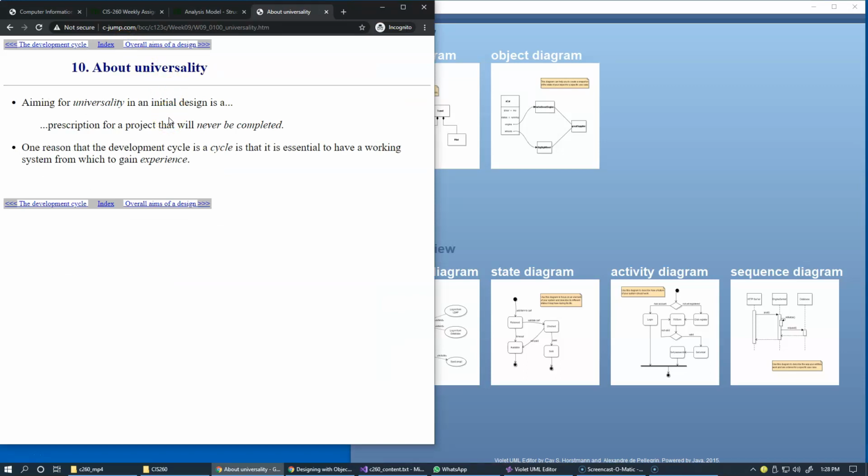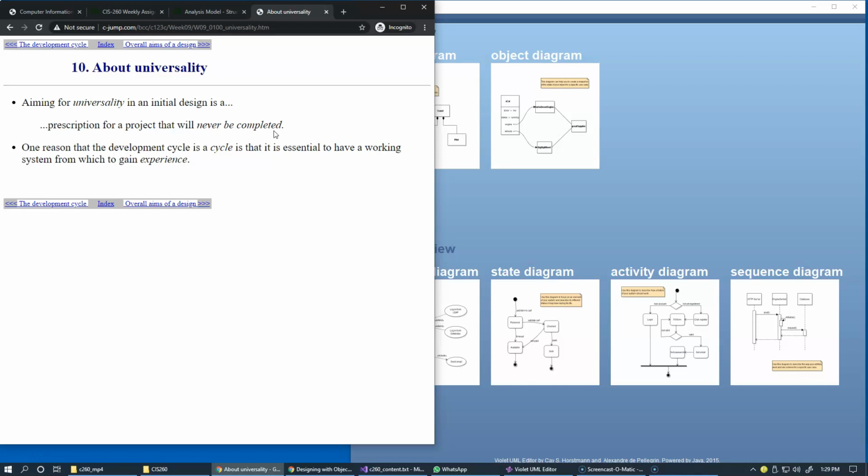Universality is like trying to find a Swiss Army knife solution for a set of problems. It leads to the possibility of a design that will never be completed, because you may never find the ultimate, best possible design. So you need to stick with a certain cycle.